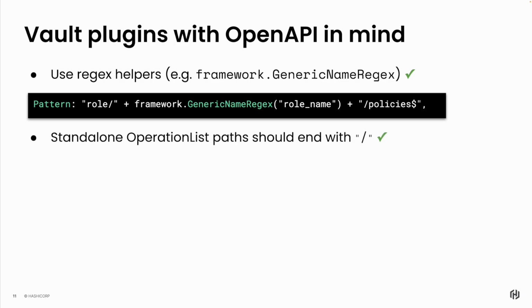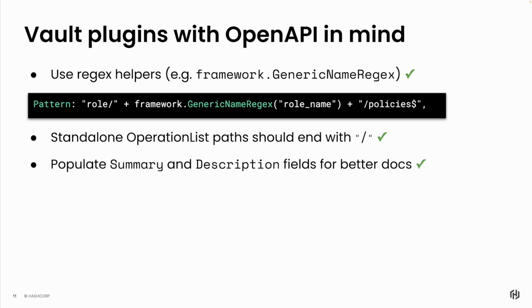Next, if you have an endpoint specifically for list operations, it should end with a slash. This is a convention we've been following with Vault and OpenAPI spec. For better documentation, be sure to populate the summary and description fields at the path and operation levels.